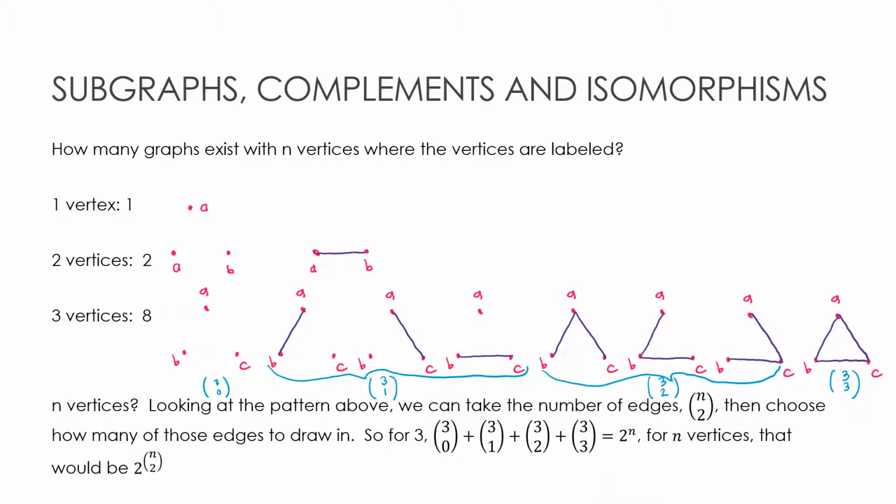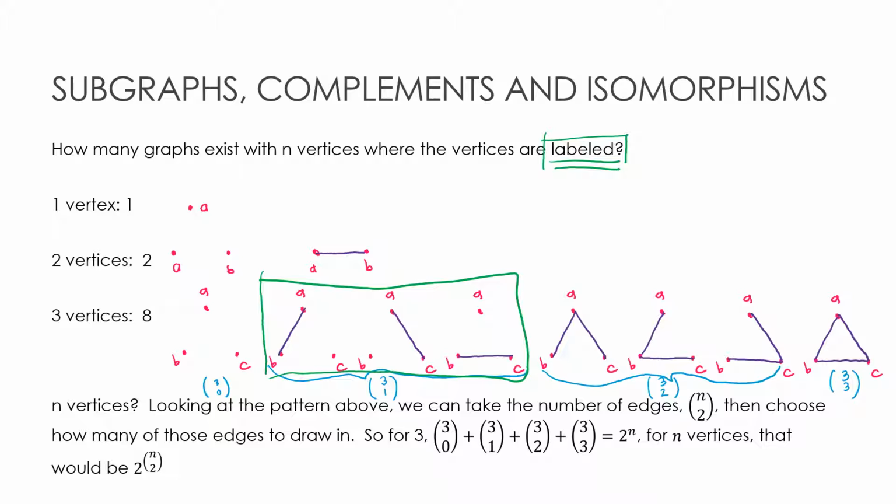Here's another generalization question, but obviously I'm not asking you to try it on your own. We're going to work through it together. This question says how many graphs exist with n vertices where the vertices are labeled. So here we're looking specifically at labeled vertices, and essentially what that means is that, I'm going to use my 3 vertices as an example for a moment, that these are all different graphs, and they're different specifically because I've labeled the vertices.